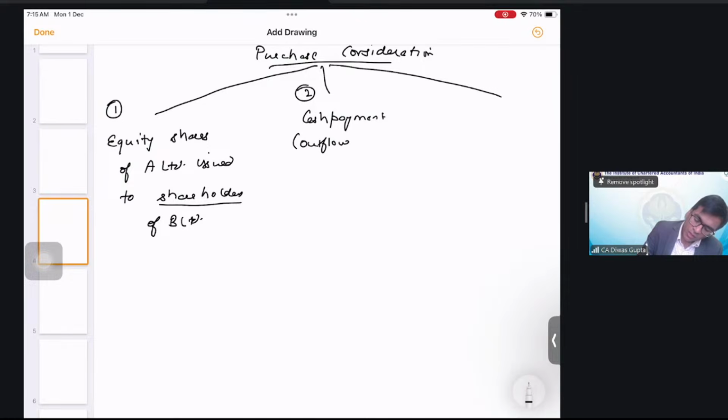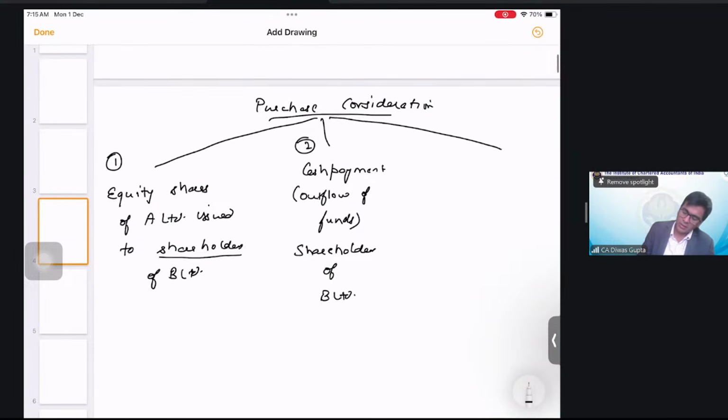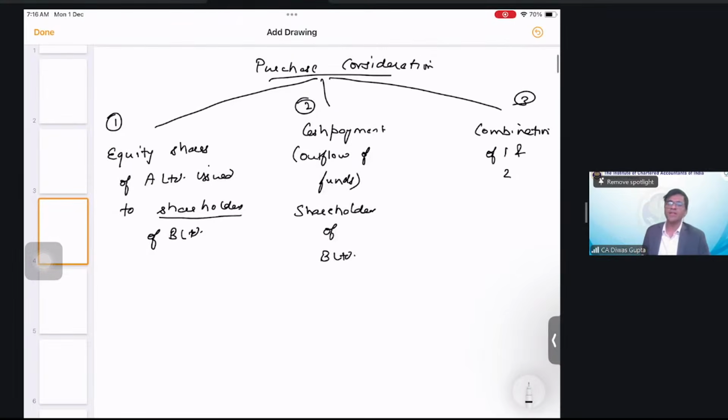So through actual outflow of funds you can pay, again to the shareholders of B Limited. And the third one is the combination of 1 and 2, students.